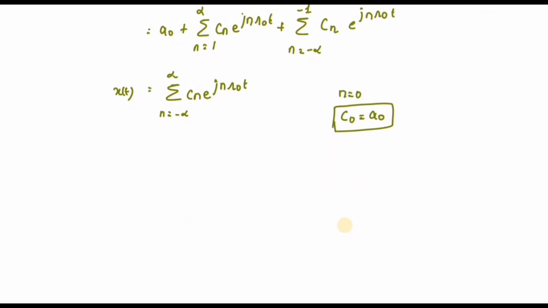So from this I can again rewrite this equation as cn is equal to 1 divided by T, integral from t naught to t naught plus T, or from t to t plus T, I can write like this, x of t e power minus j n omega naught t dt.